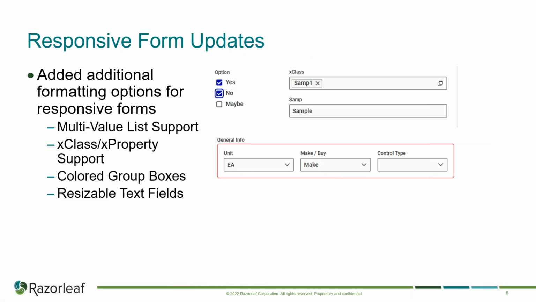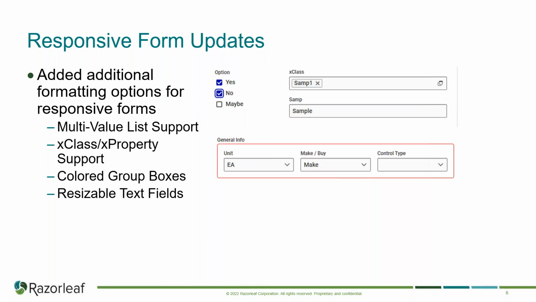As I mentioned, we got some additional formatting options for our responsive forms. We have more flexibility on how we display our multi-value lists, whether it is a multi-select checkbox or a dropdown, rather than just using the layout that they provide. It also provides support for X classes and X properties.